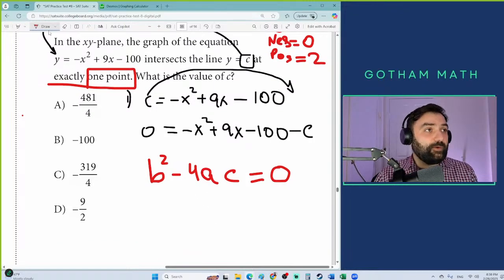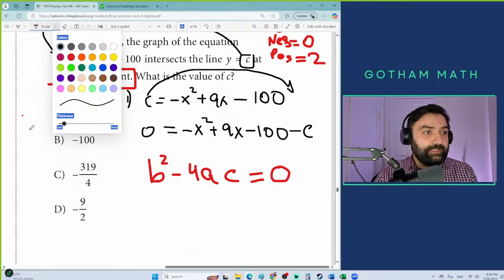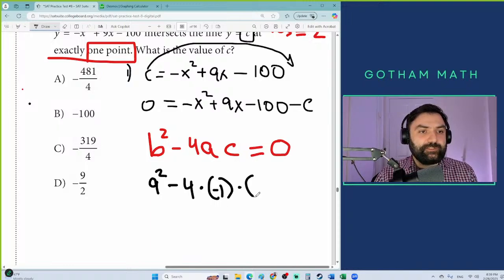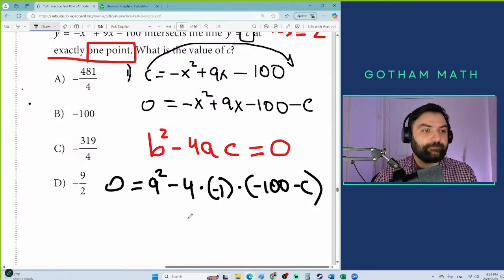So now all we have to do is plug everything in. Let's do it. b squared, which is 9 squared, minus 4 times -1, because that's a, times c. And c is -100, minus c. And it all equals 0. Not enough space, so I'm going to write equals 0 on the left side.